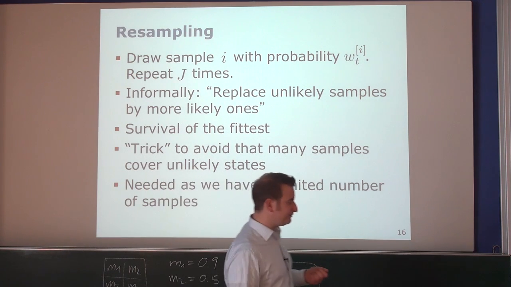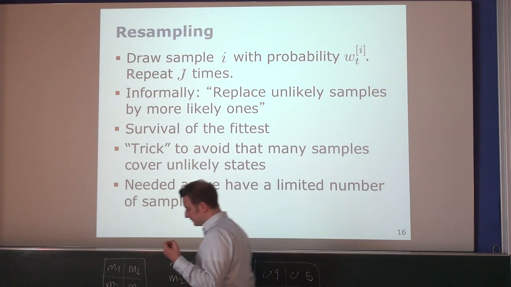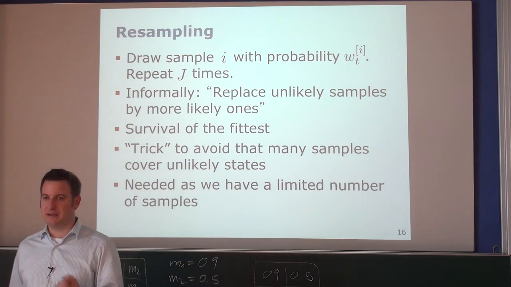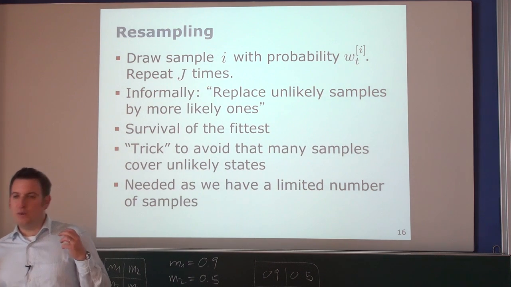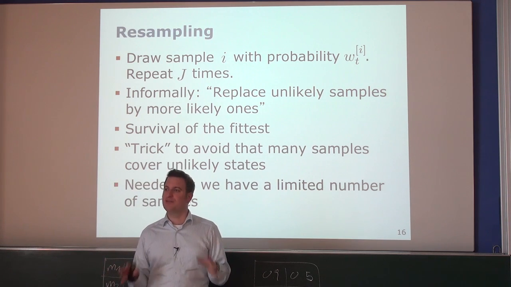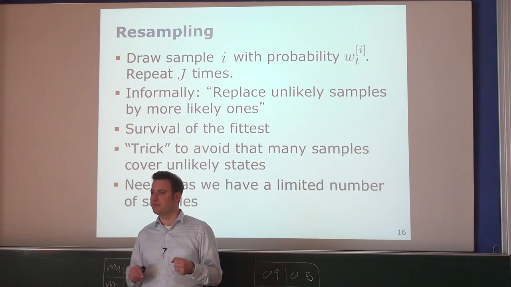The first reason why we do that is because we have a finite number of samples. As we have a finite number of samples, we want to concentrate those samples in the regions of the state space which have a density substantially above zero.